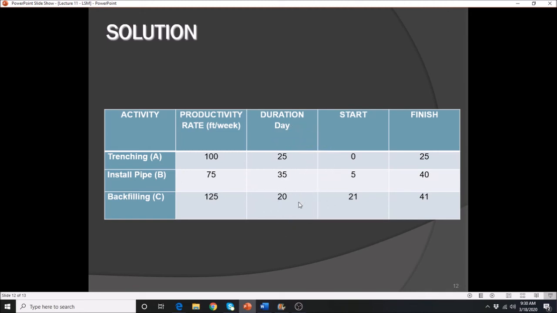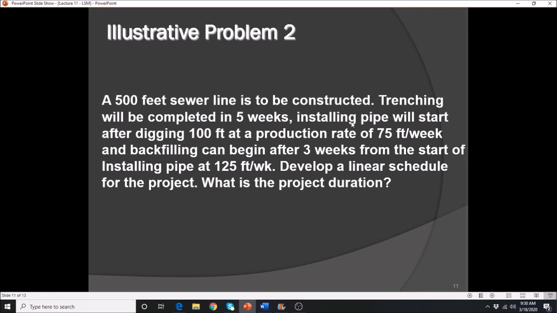Alright, so let's calculate now the start and the finish date. Here, we begin at 0 plus 25 days. It ends on day 25. The next one now is the starting date of installing pipe. I want you to take note, it says here the installing pipe will start after digging 100 feet. So how many days will that be?